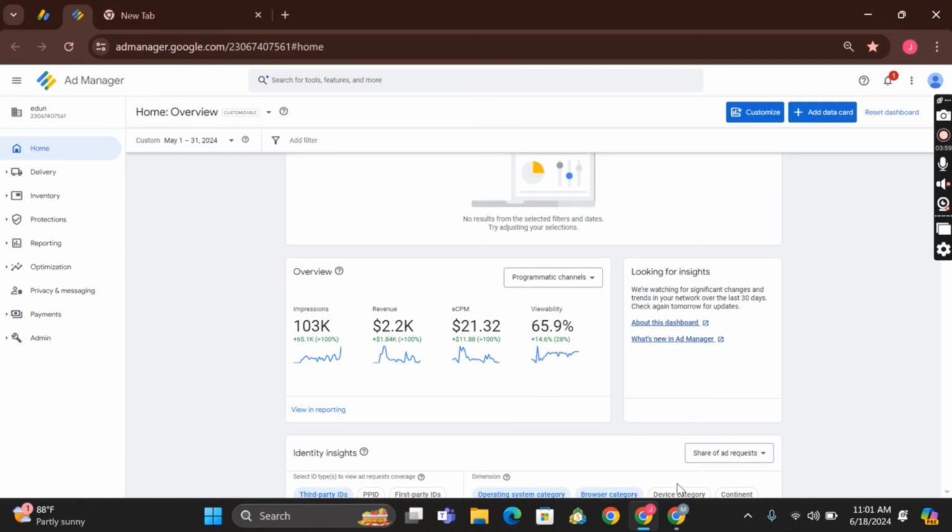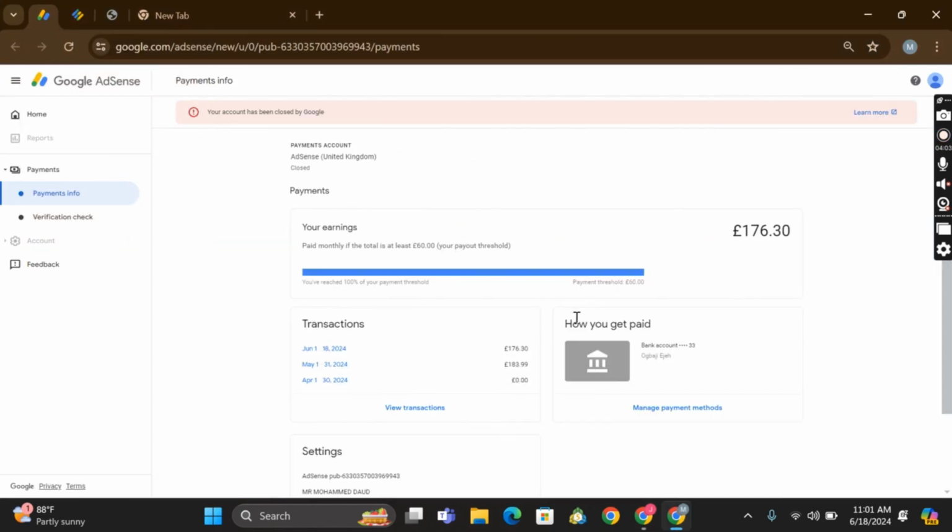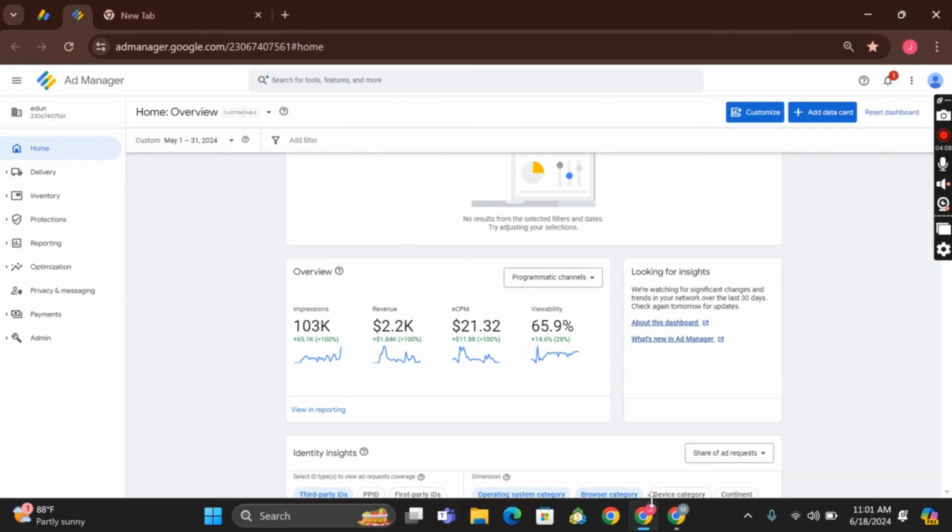And I was able to lose this particular AdSense account with the same method. So I think these are the things you need to take into consideration when loading your ADX account.